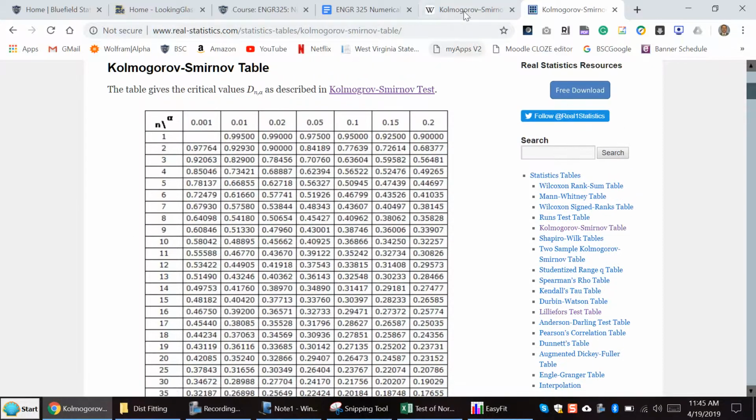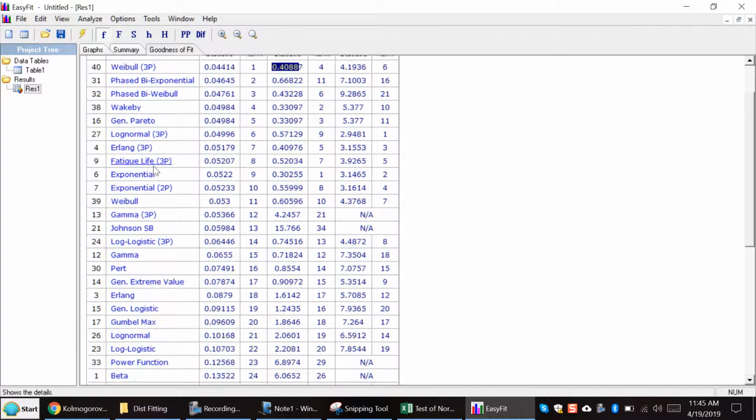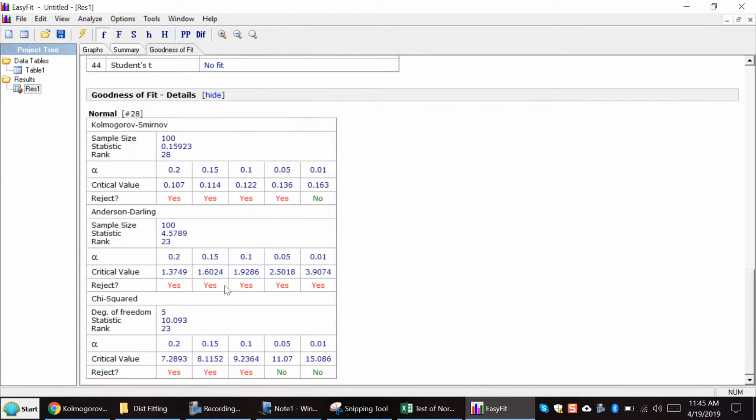Yes, okay. All right, so now what we're going to do is if I go down here and I look at a normal, we're just going to look at the Kolmogorov-Smirnov test. And so what I need to do is replicate this number and these critical values. And then I will explain where those come from.